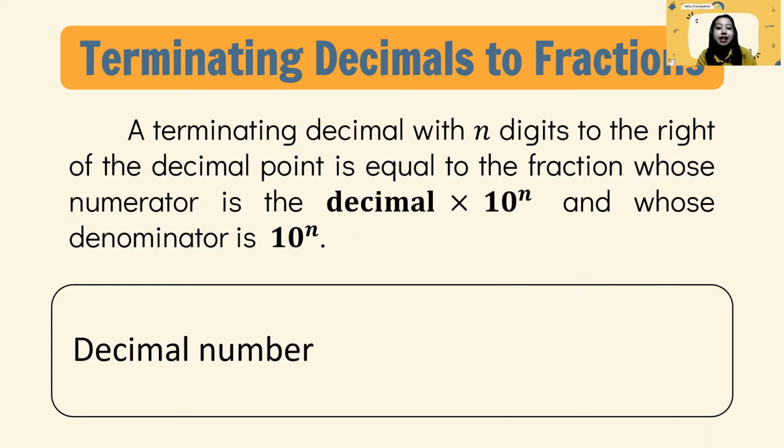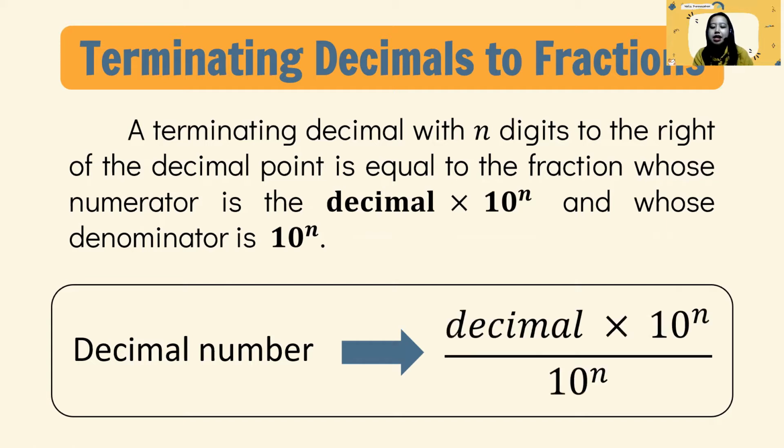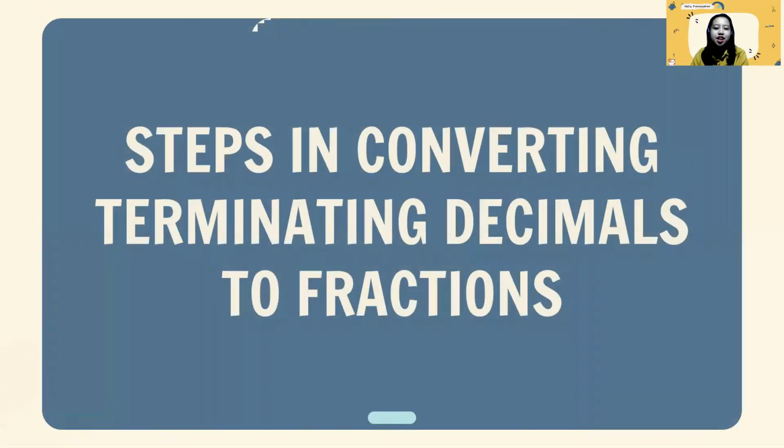If you have a decimal number and you want to convert it to a fraction, the form you will get is: decimal times 10 raised to n, all over 10 raised to n. To better understand this formula, let's have the steps in converting terminating decimals to fractions.